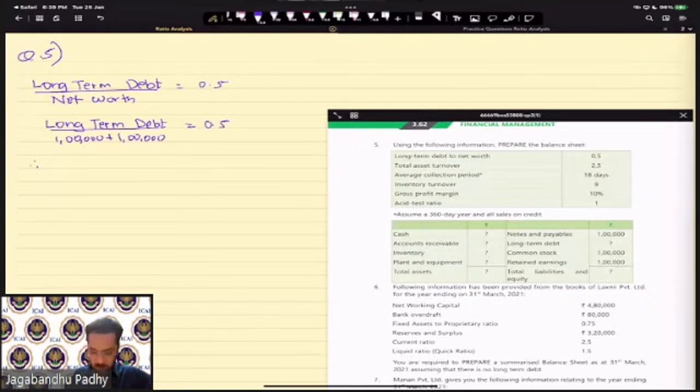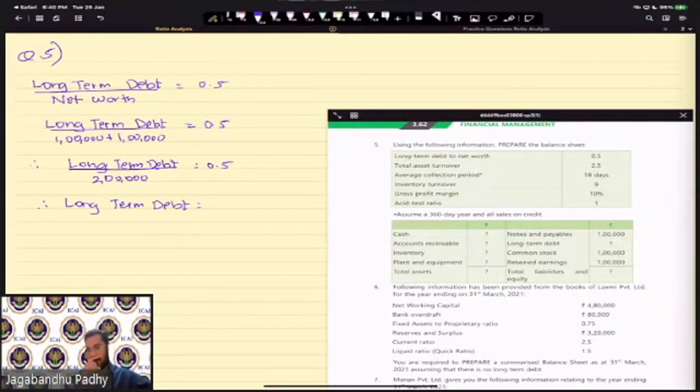So we can say long-term debt upon 1 lakh plus 1 lakh, that's 2 lakh, is equal to 0.5. Therefore, long-term debt will be 1 lakh.